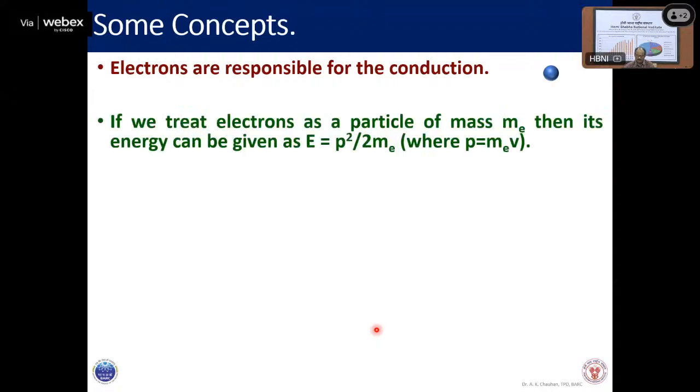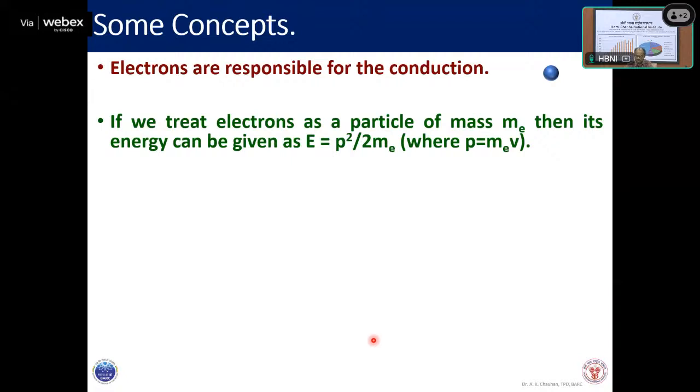Now, you have an electron which has a very small mass. When it starts moving, we know that every particle moving with a momentum has a de Broglie wavelength associated with it. It behaves like a wave.